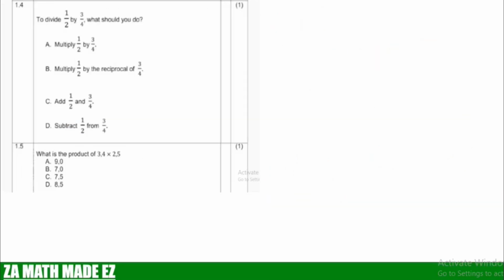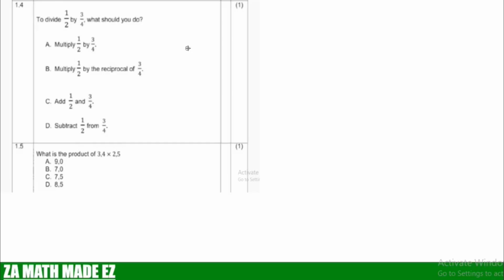1.4. To divide a half by 3/4, what should you do? So remember, dividing by a fraction is the same as multiplying by a reciprocal, and the reciprocal means just flipping the second fraction.